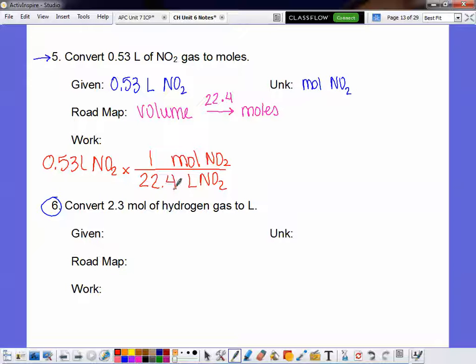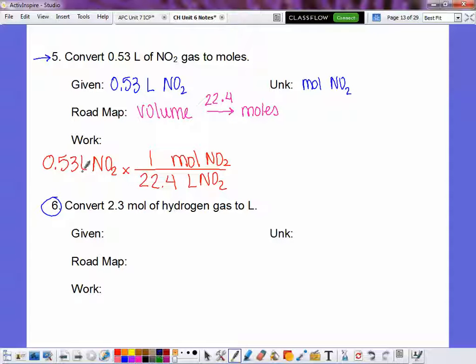Because any gas, now this is all at STP, and again, you're not going to have to worry about non-STP for a while, but 1 mole of any gas at STP will take up 22.4 liters of space. So we have about half a liter here, so it should take up about, oh no, sorry, I was thinking we had half a mole. If we had half a mole, it would take up half the space, but this is going to be significantly less than 1 mole, right?